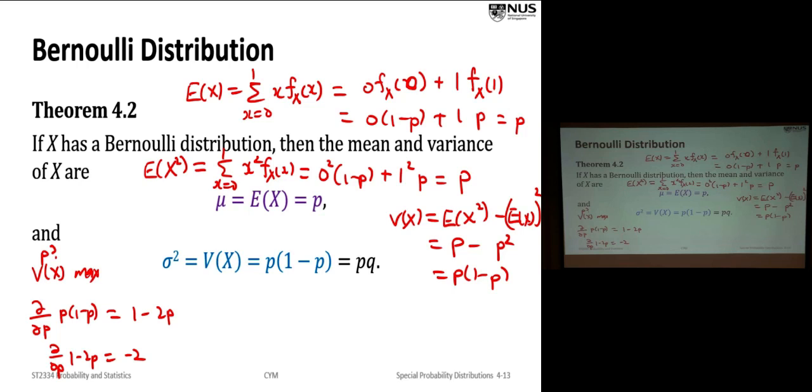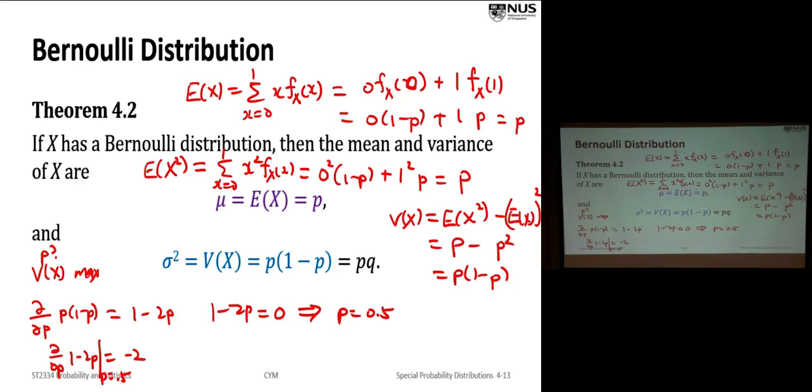You have to evaluate the second derivative at the point p equal to 0.5, but since the second derivative is equal to minus 2, it does not matter. 1 minus 2p equal to 0 implies p equal to 0.5, or half. This one I evaluate at p equal to 0.5, and this one does not depend on p, so it's always minus 2. It's negative. So in other words, at p equal to 0.5, the second derivative is negative.